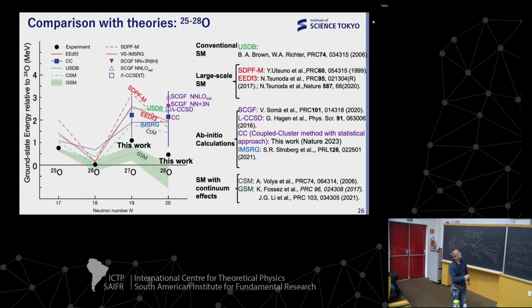For instance, compared with the conventional shell model, the large-scale shell model, which includes the three-nucleon force, provides a better description, and even with ab initio calculations, the three-nucleon force is important. And also the continuum effect seems to be playing an important role because it gives rather good agreement, although there is still some uncertainty.